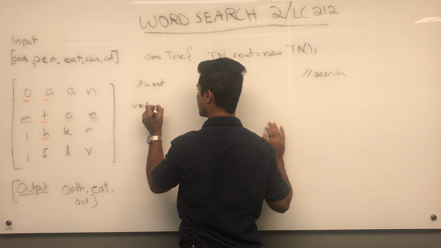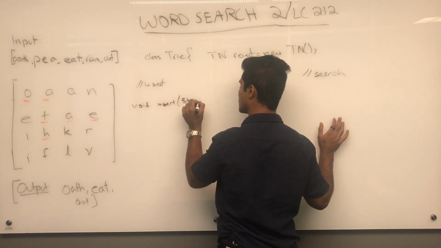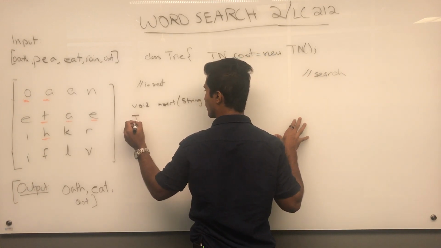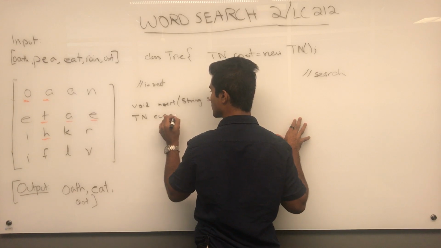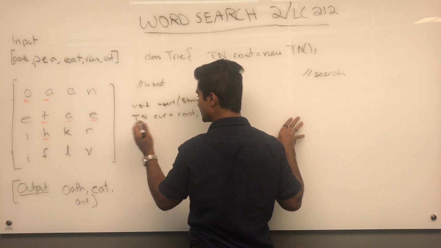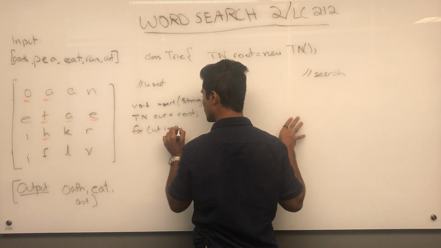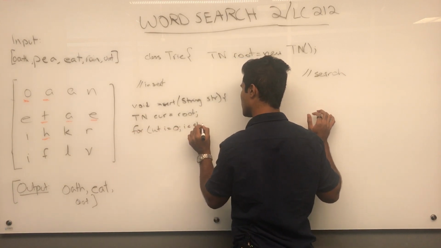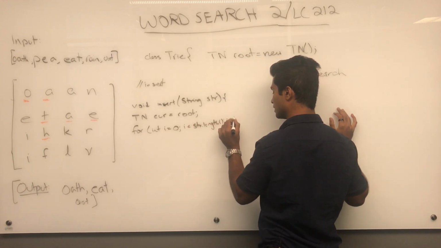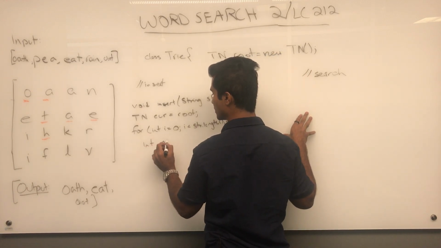So void insert, string str. We're always going to have a reference to the root node, so we can build on the tree. Then we have for int i equals 0, i less than str.length, i plus plus, and this is the part, just pay attention here.